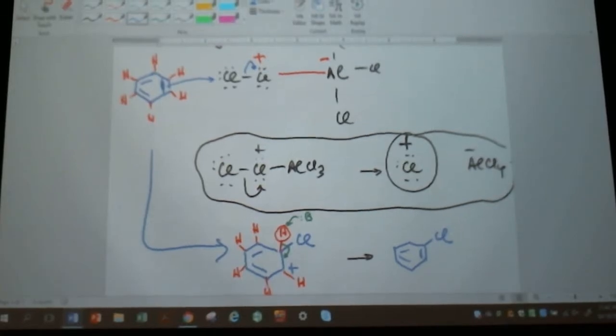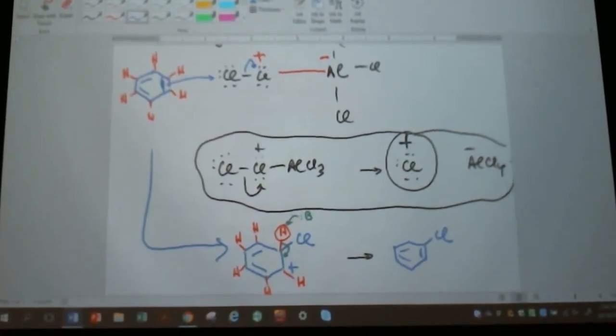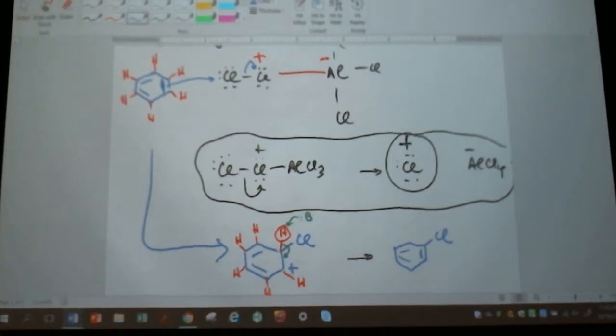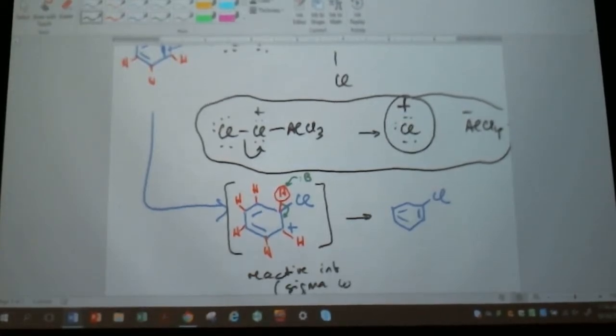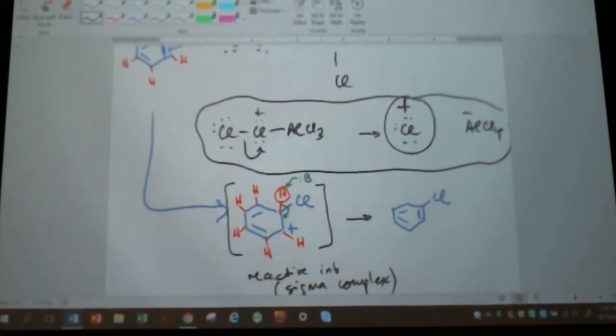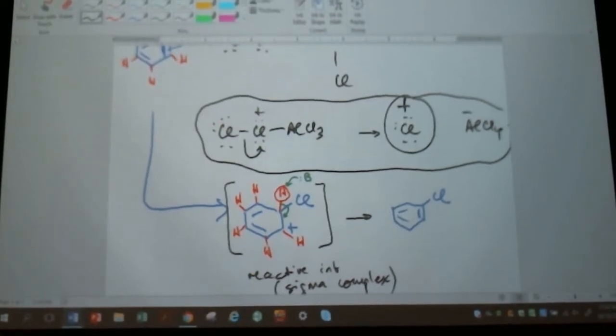And now we have done my substitution reaction. Okay. So this right here is a reactive intermediate. We call it the sigma complex. But recognize that it's very short-lived, and there's an incredibly strong drive to re-aromatize the ring, abstract that hydrogen, and give you back your benzene.